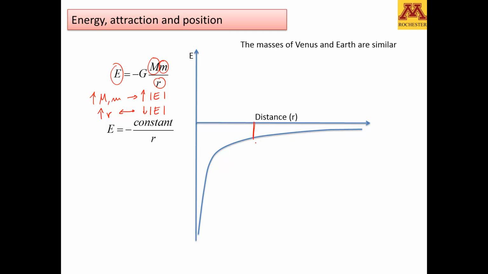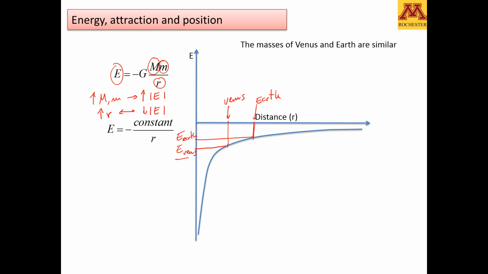So this could be the distance of Earth, and exaggerating a little bit, this would be the distance of Venus. Venus is closer, so the distance is smaller. This will be the potential energy of Venus, and this will be the potential energy of Earth. So you see now that the energy of Venus is more negative.